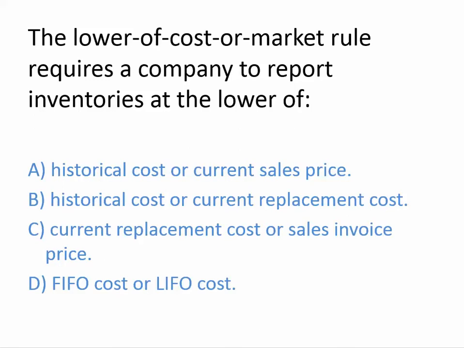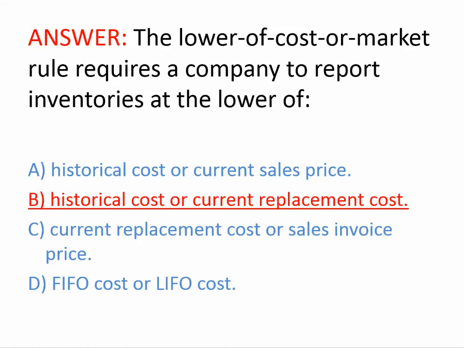Or D, FIFO cost or LIFO cost. So take a minute, see if you can answer that. The answer is B, historical cost or current replacement cost. That is the lower of cost or market. Those are the two values, and the company is going to report at the lower of those two values.